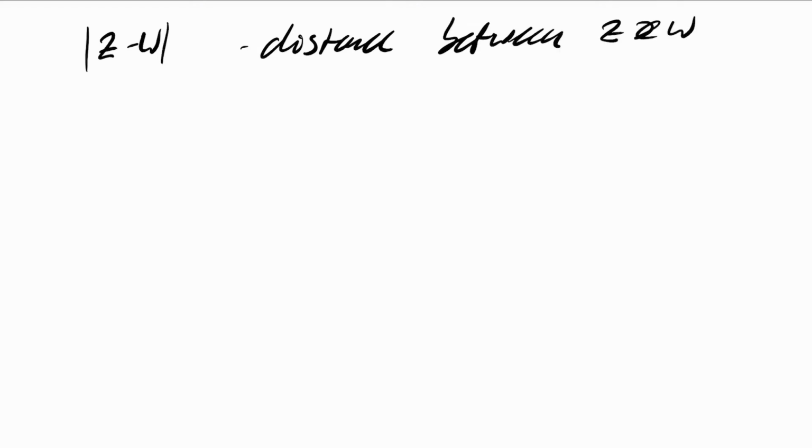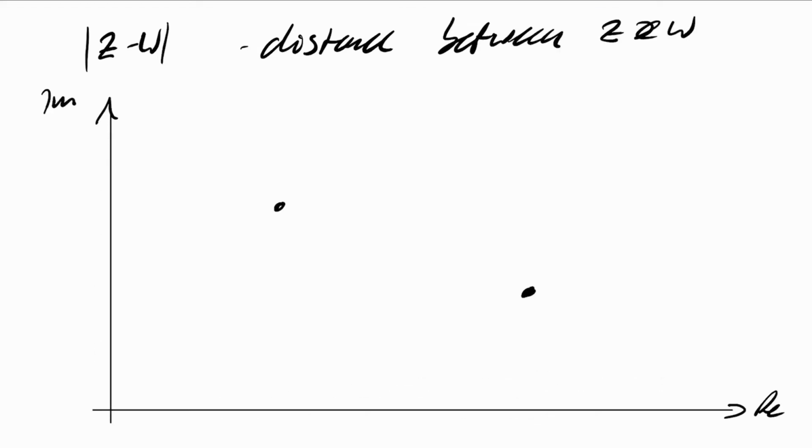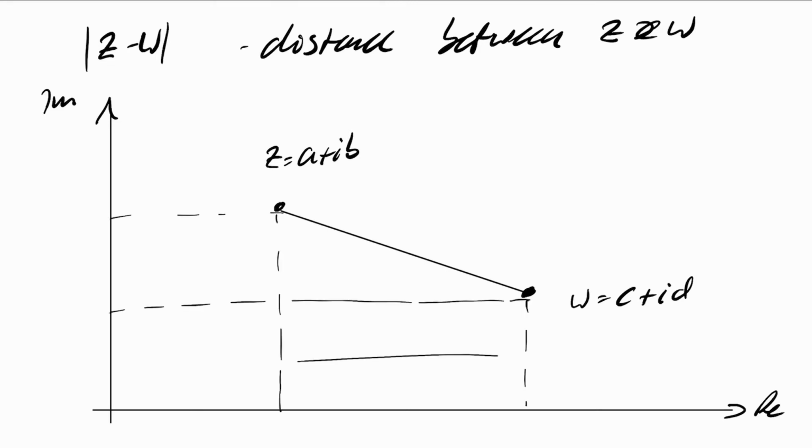Another useful thing to remember is that the absolute value of z minus w is the distance between two numbers in the complex plane. Geometrically we can see this as follows. If we take two numbers, z equals a plus ib and w equals c plus id, form the line between those, and sketch on some distances in here.